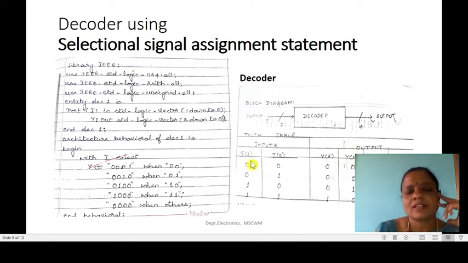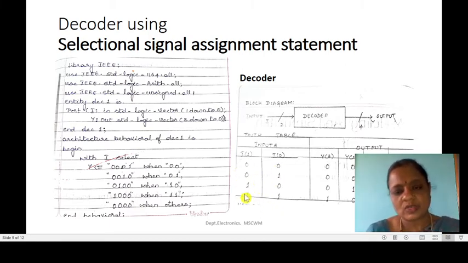The standard inputs are 00, 01, 10 and 11. And what are the outputs? You get 4 outputs. When your input is 00, you get the first output. When it is 1, you get the second output. When it is 2, you get the third. When it is 3, you get the fourth. That is your 2 to 4 decoder.